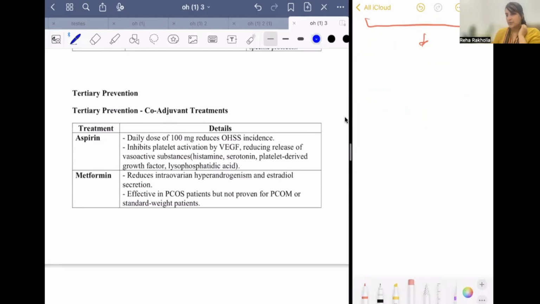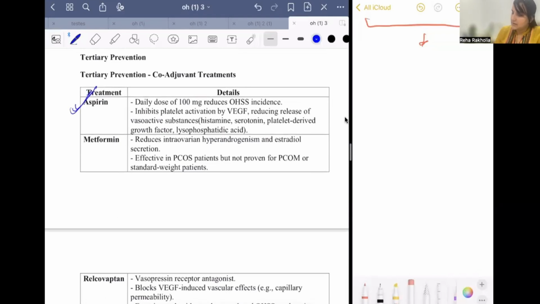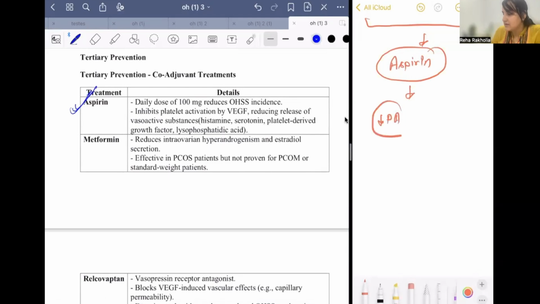One of the simplest pharmacological interventions is aspirin. How does aspirin work? It reduces platelet activation and VEGF activity.